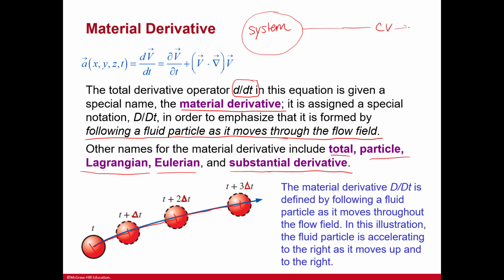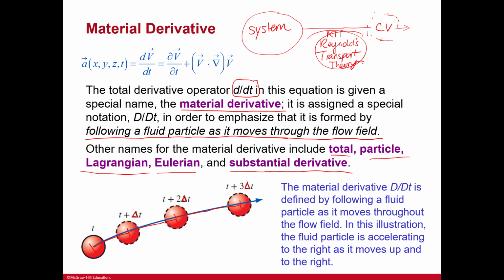Our system is going through the control volume, and the control volume is what we're looking at also. Then the way that we do that, we haven't gotten to it yet, but we will, is RTT, Reynolds transport theorem, or I'll just put theory.